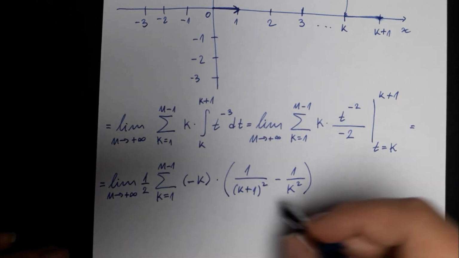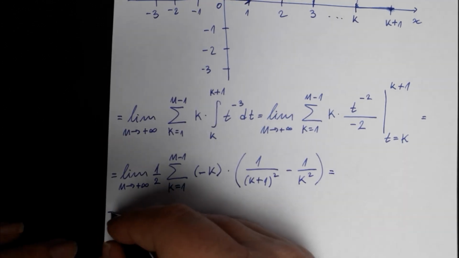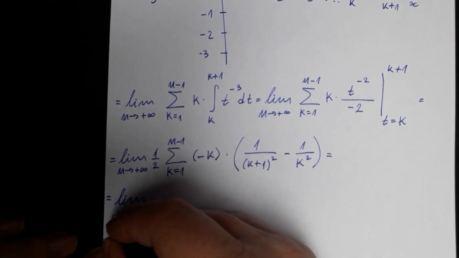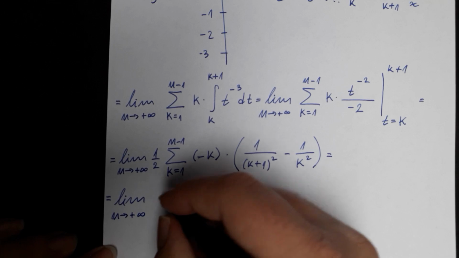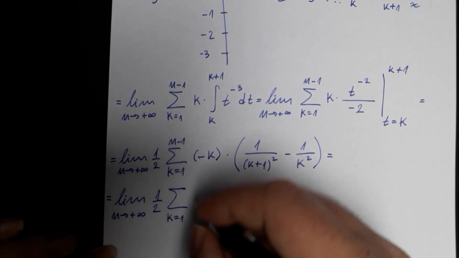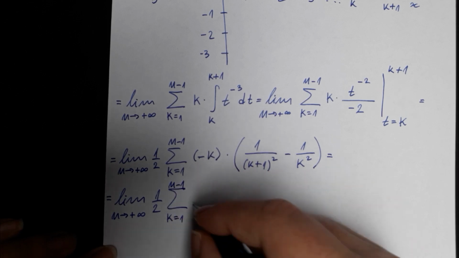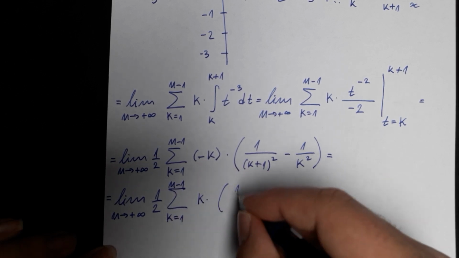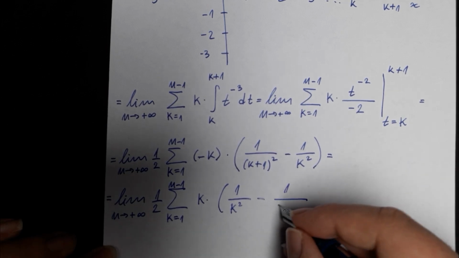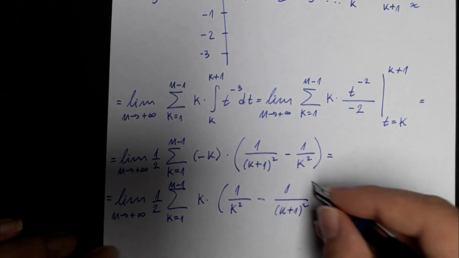We can use this minus to flip the values inside the brackets. So we get limit when m approaches infinity from the positive side, 1/2 of the sum where k goes from 1 to m minus 1, k times 1 divided by k squared minus 1 over k plus 1 squared.